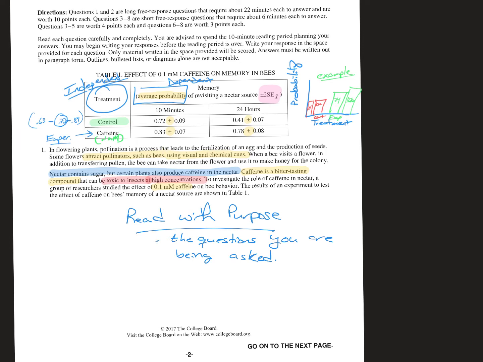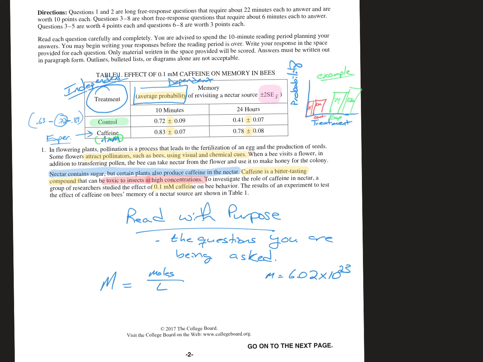All right, so this caffeine is at 0.1 millimolar. That's 1,000th of a molar. A molar is equal to moles per liter. This is chemistry, right? It's a measurement of concentration. Remember that a mole is equal to 6.02 times 10 to the 23rd of something.